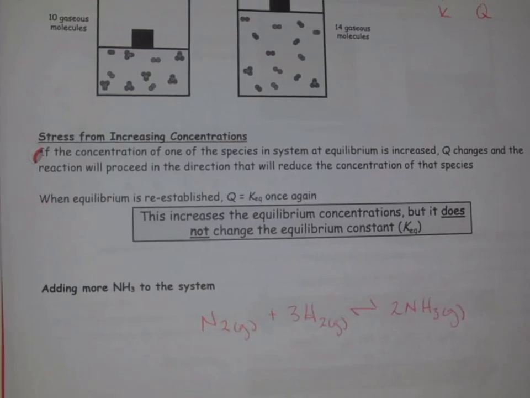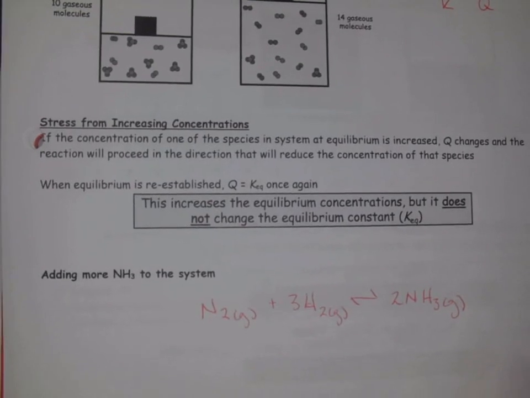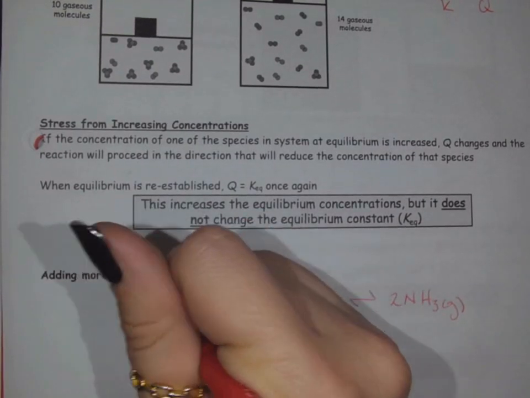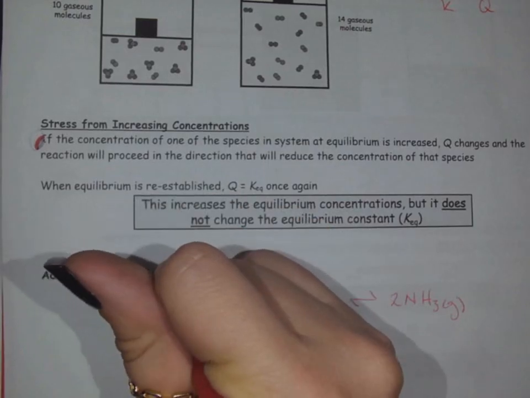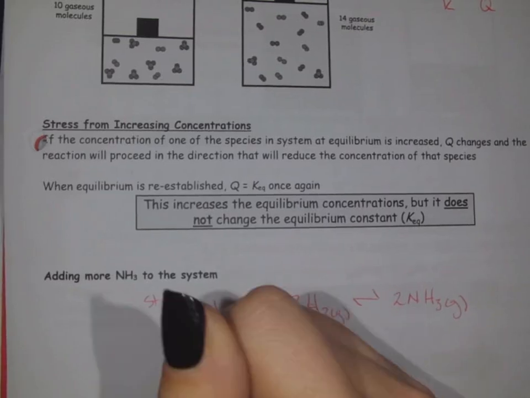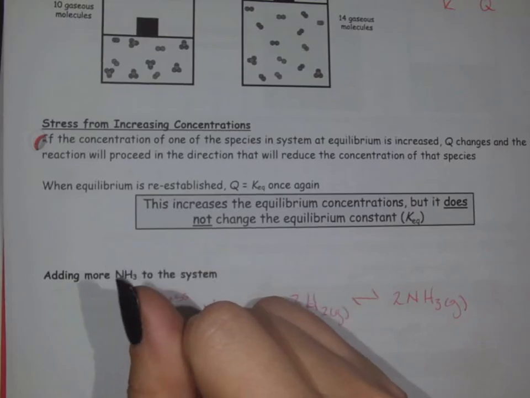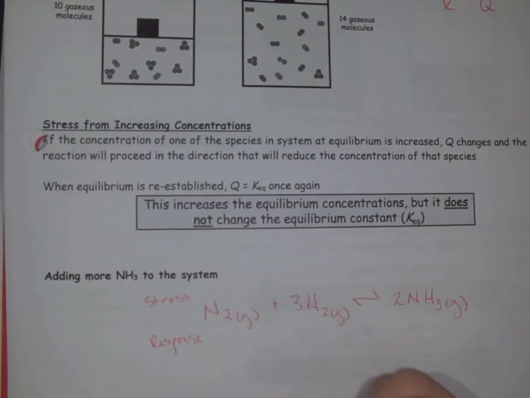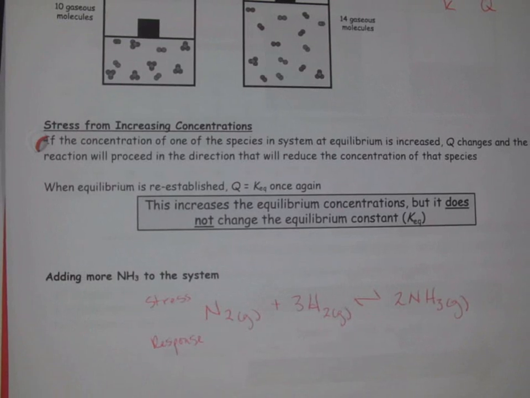Okay, so how I've always done this is up above a reaction. This is where I indicate the stress. This is where I show what me as a chemist, what I'm doing to this reaction. Below the reaction is where I'm going to address how the reaction responds. How does the reaction respond to the stress?